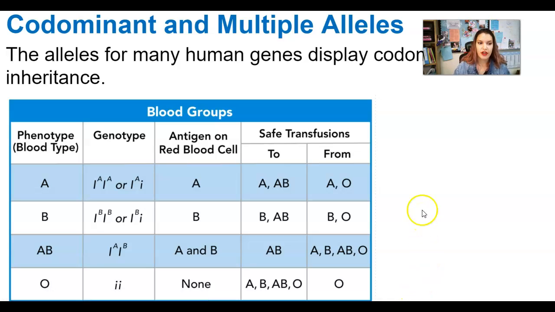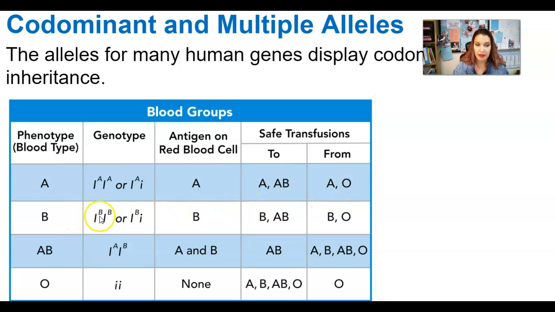So phenotype A blood, if you look at the genotype of those, they will have these antigens, capital A, on the outside of the blood cells. They can give blood to anybody with A-type blood, A or AB. They can only receive blood from other A people as well as blood type O, because blood type O doesn't have any antigens because it is the recessive trait.